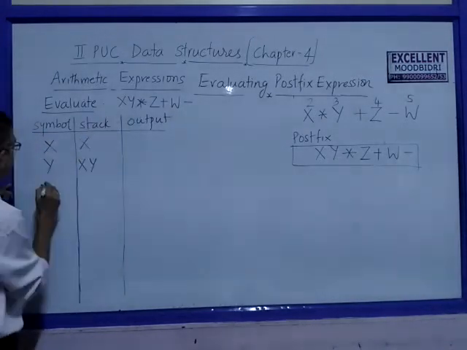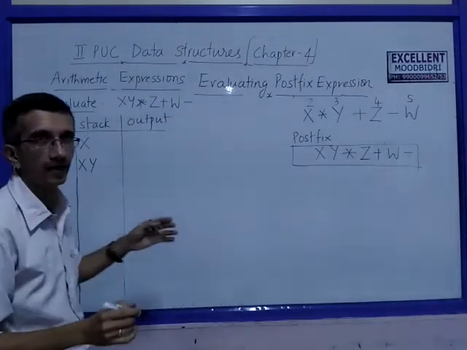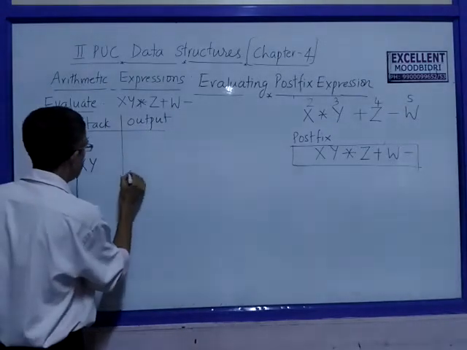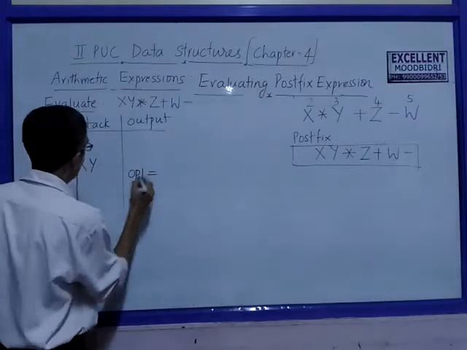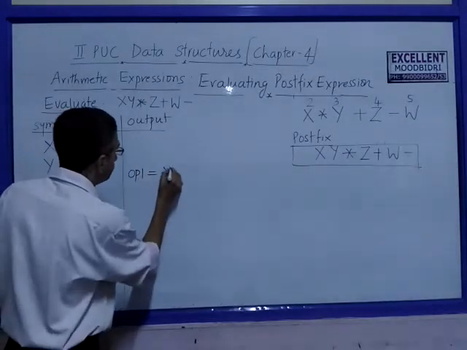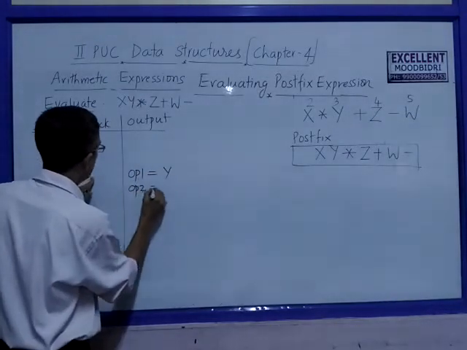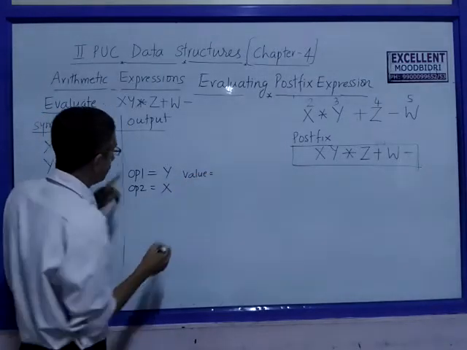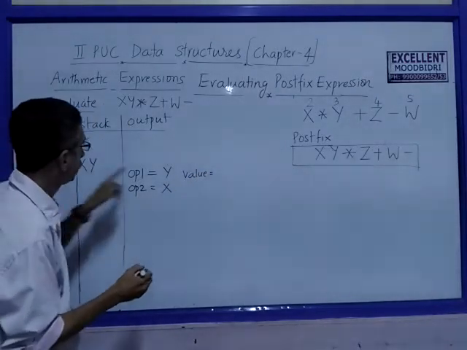Next is star. So star is an operator, so take value 1. So operand 1 is equal to first pop y, operand 2 is equal to x, value is equal to operand 2 star operand 1.